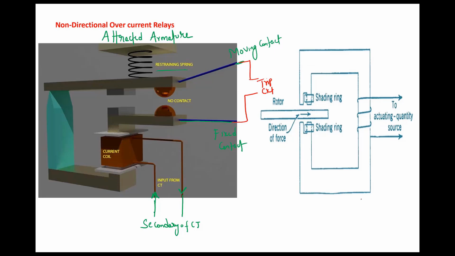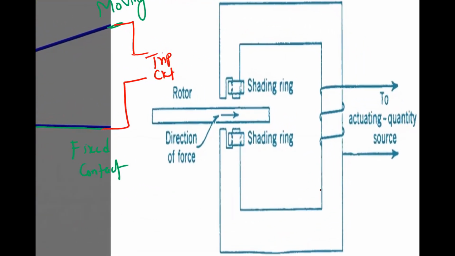This is one more construction, which is a shaded pole structure. Here the actuating quantity is the CT secondary current, connected to the secondary of the CT. This will produce a force, and there will be a moving contact and, somewhere here, a fixed contact.